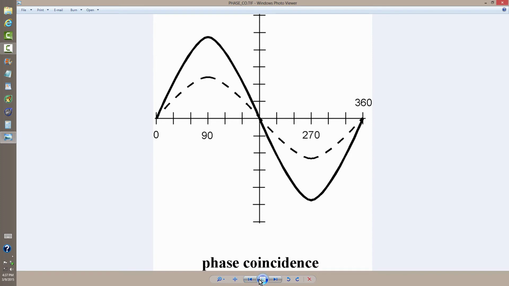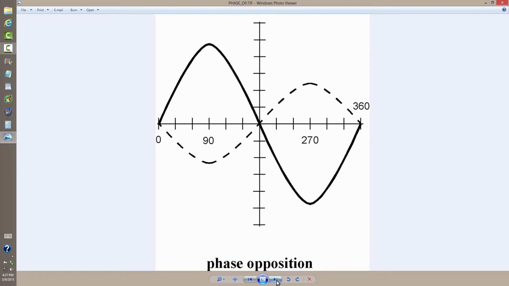So when you hear someone calling phase opposition the same thing as a 180 degree phase shift, when you see or hear someone interchanging those two terms, they're looking at the situation too simplistically. It only applies to sine waves and triangular waves.